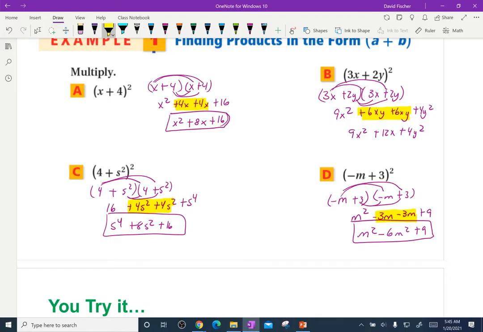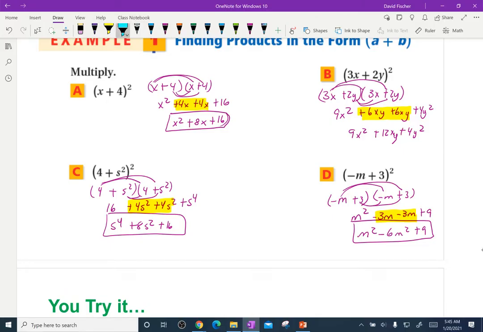I have 2 4x's in that first one, which added up to 8x's. This one, I have 6xy, which added up to 12xy's. Here I got 8. Bam. And here I got a minus 3 and a minus 3. They're the same all the time, the middle 2 terms on these. Okay. What else do we notice?